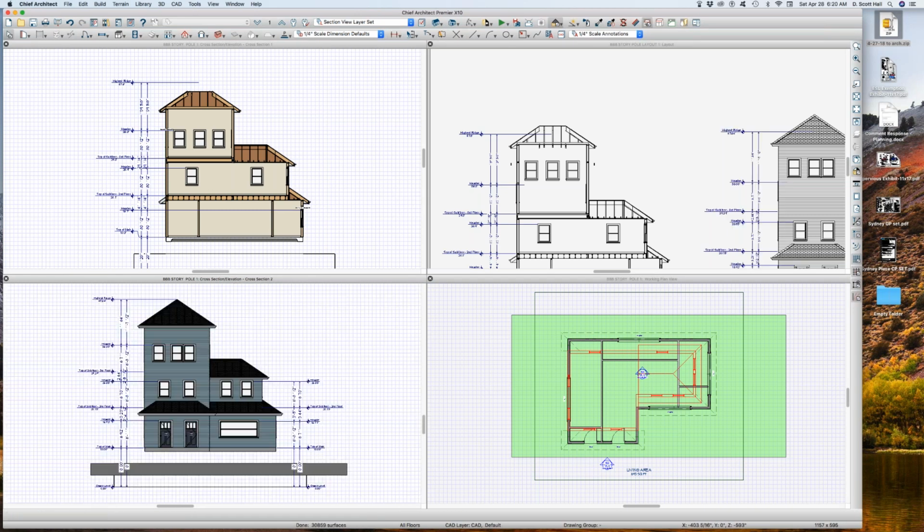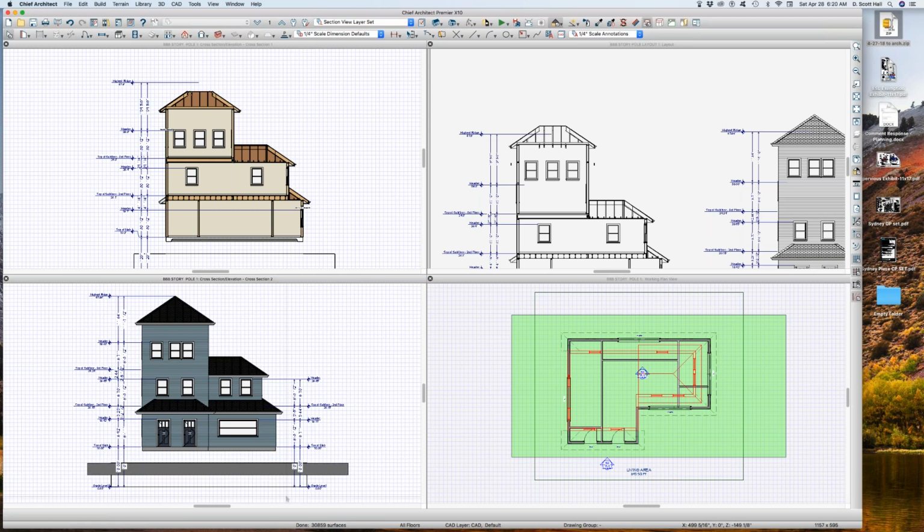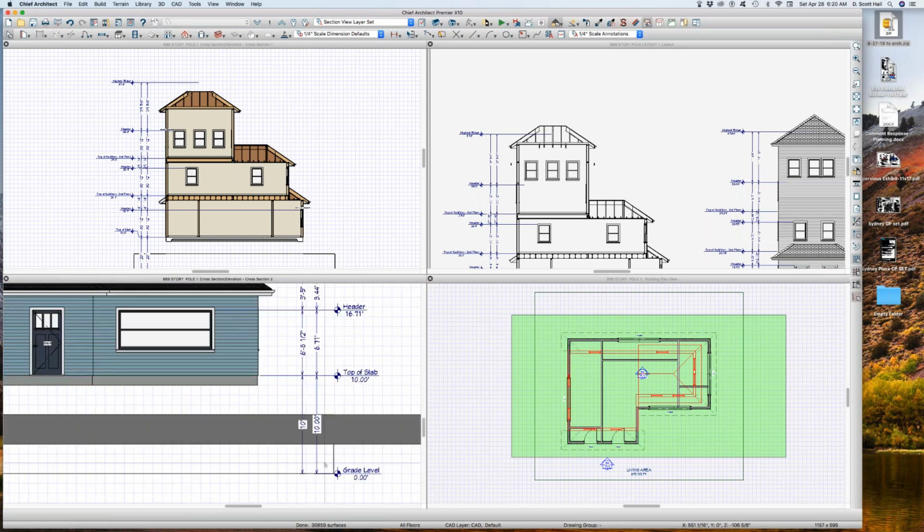Okay, now I got my dimensions right, and a dimension down to grade. Now think about it. How often is your slab only 10 foot above mean sea level? It's usually 100 feet above mean sea level, and you want this number to be right, don't you? So that means this thing's way off the page.